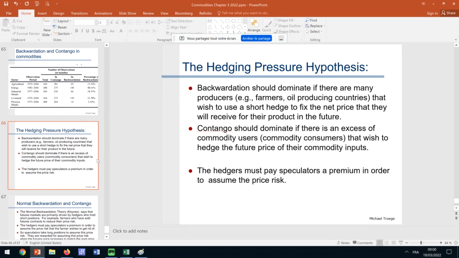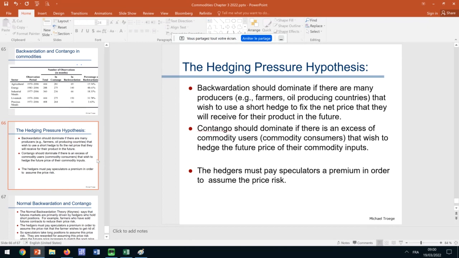Because if you have one side of the market that is more risk averse, you will have a higher demand for futures. Let's suppose that we have a market with lots of small farmers that have no money at all, and they have to really be sure that they will be able to sell their wheat next year at a fixed price.